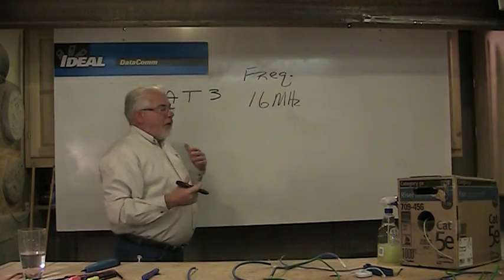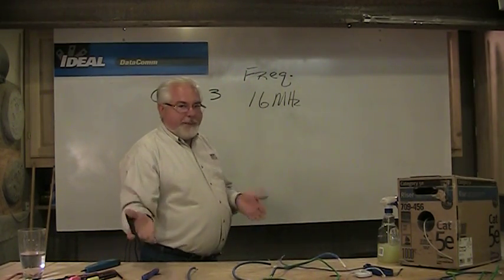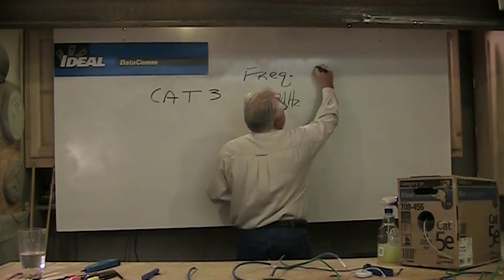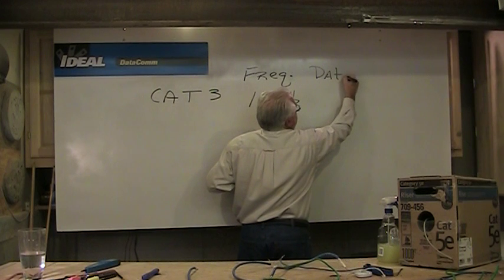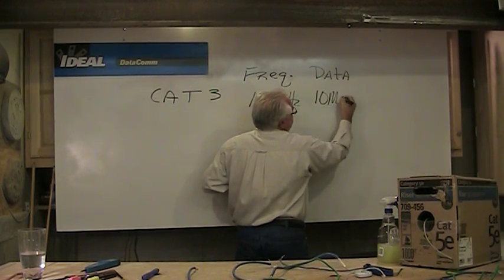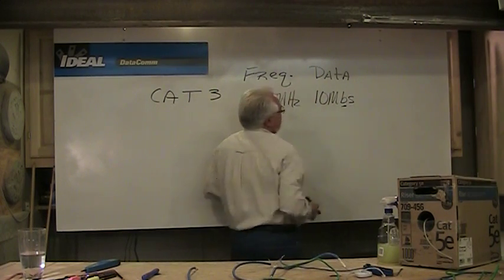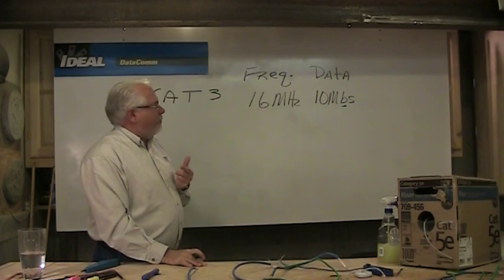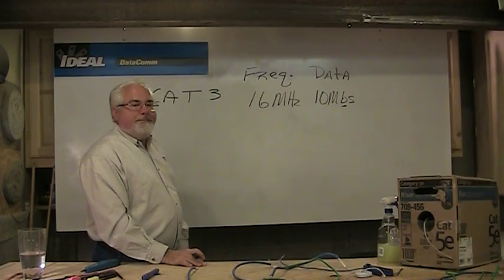Now, we also rate the cable for how much information we can pass through this pipe. We call that data, and we measure that in megabits. In this case, it was rated for 10 megabits per second, okay? Now, a bit to a computer is a 1 or 0, so it's working at 10 million bits per second.